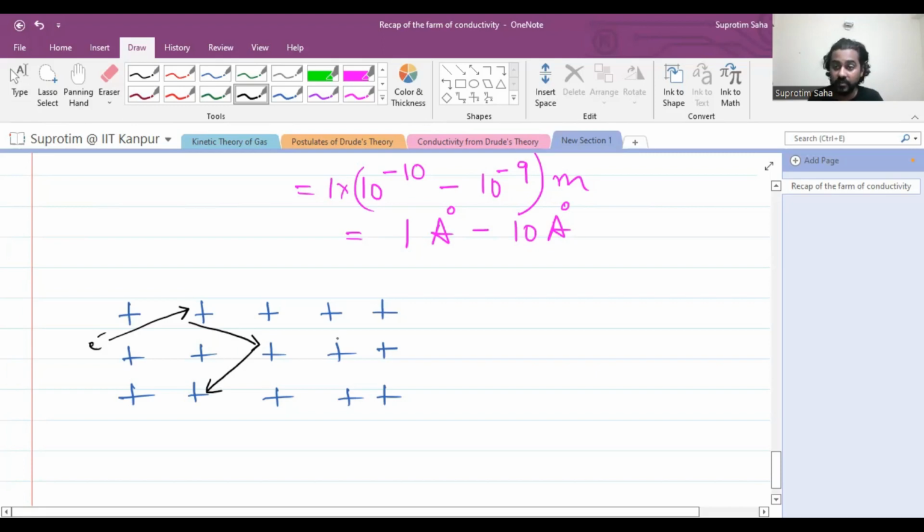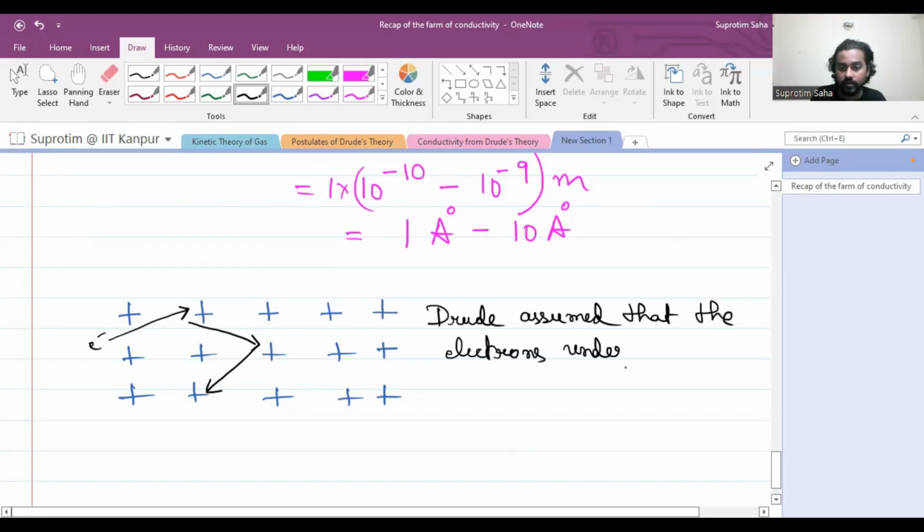So naturally Drude assumed that the electrons undergo collision with the positive ion cores.